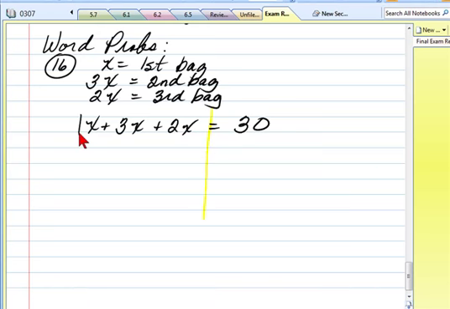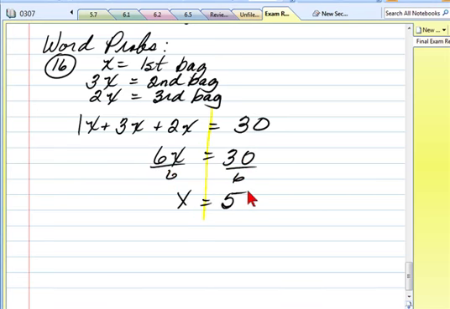All right, I have 1x plus 3 plus 2 gives me 6x is 30. Divide by 6. X is 5. Now that's the number of marbles in the first bag. How many will be in the second bag? 15.